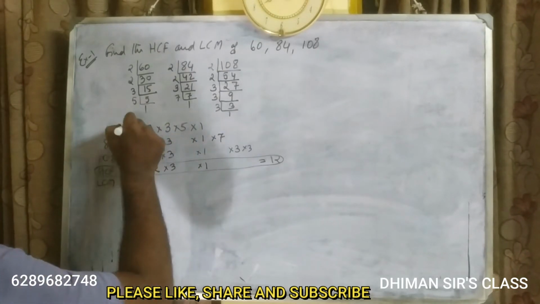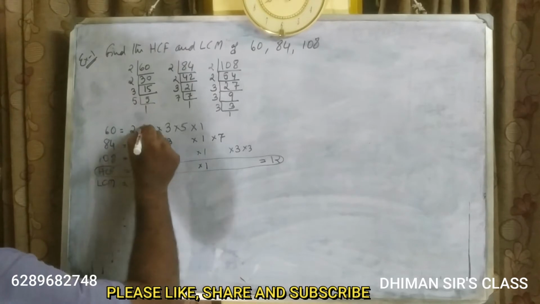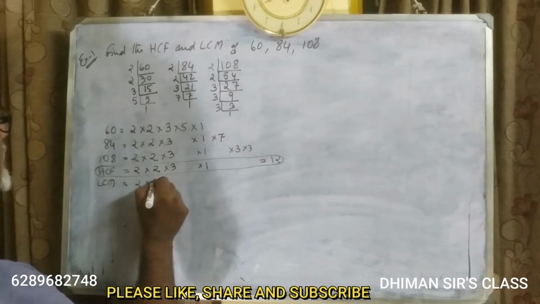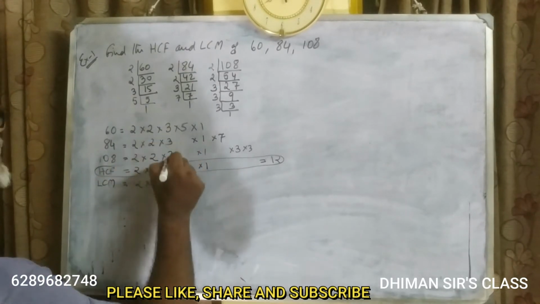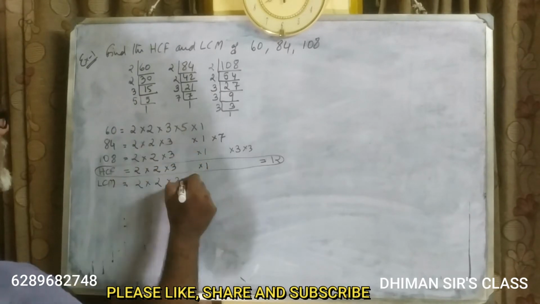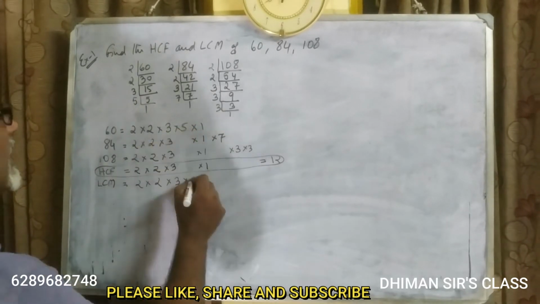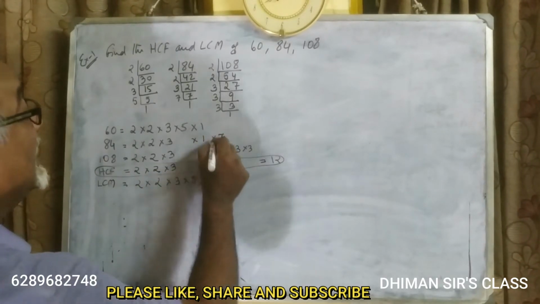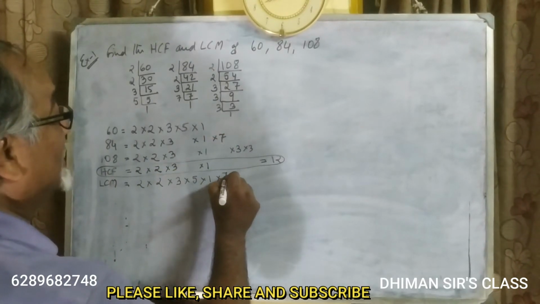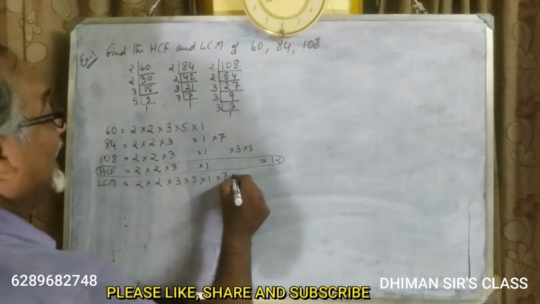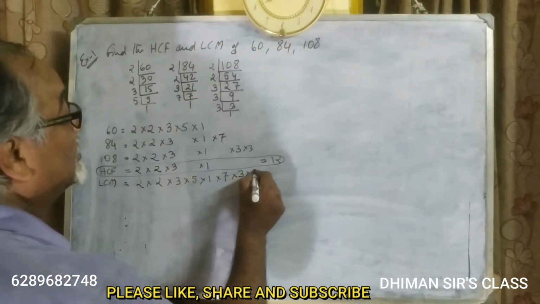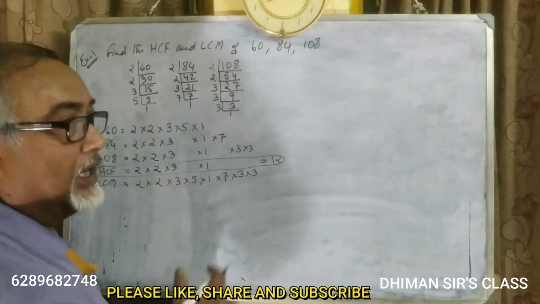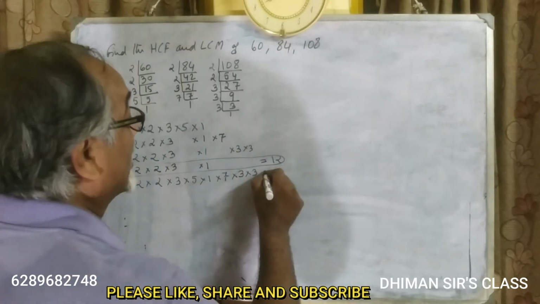Now see, for this column 2 into, for this column 2 into, for this column 3 into, for this 5, even if it is 1, write down 5 into, for this column 1, even if it is 1, 7, write 7 into 3 into 3. It means here all the columns have to be taken into account.